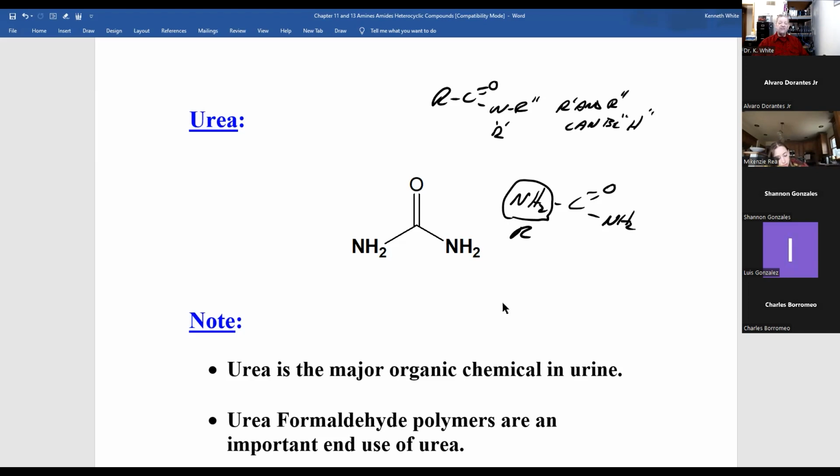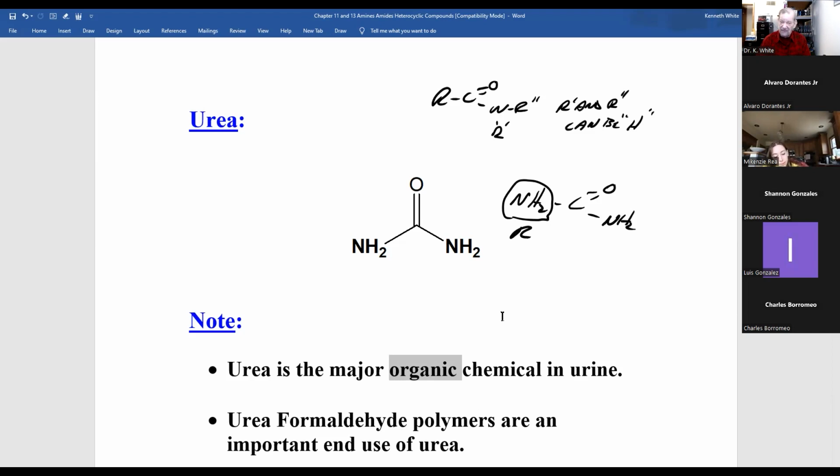It's the major organic molecule or chemical in urine, both human and animal. It's a white solid in your urine. It's dissolved in water. In your urine, the major chemical is water. This is one of your body's ways. Now I'm going way beyond my knowledge of the human body. Did I tell you the last time I took biology was freshman year of high school?